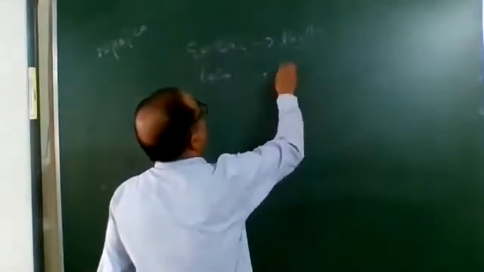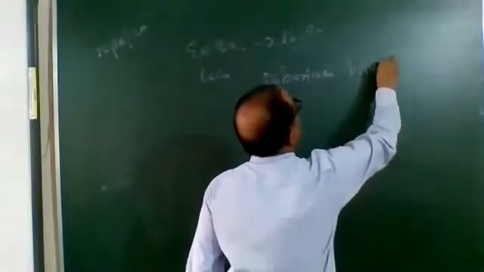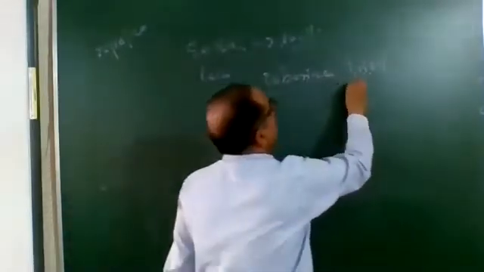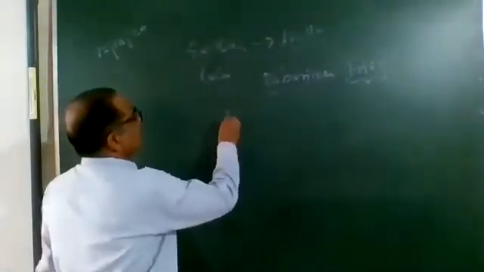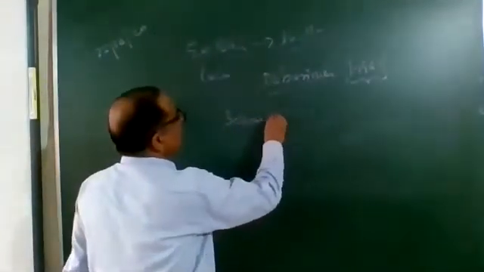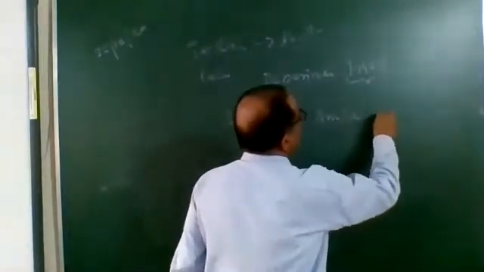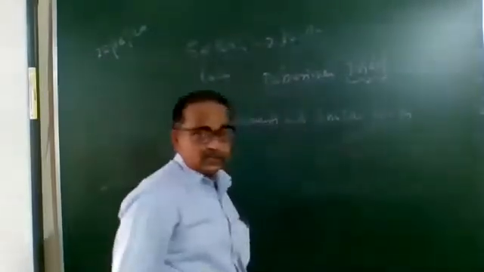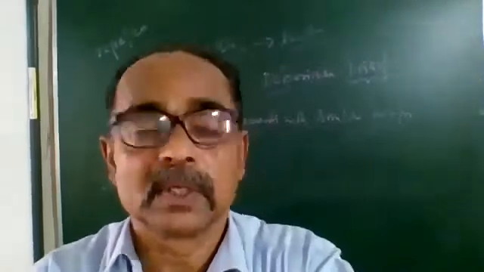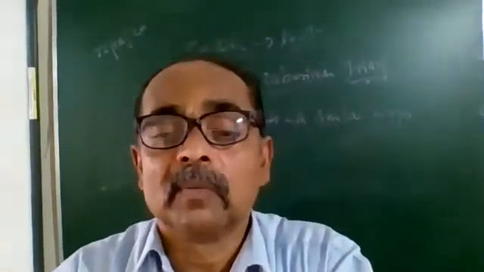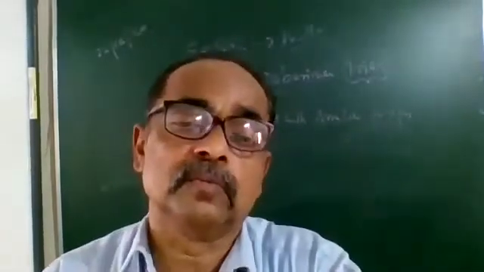Dobereiner's triad. Triad means a group of three. What does it say? If three elements with similar properties are taken, then the middle element's atomic mass is the mean of the other two.